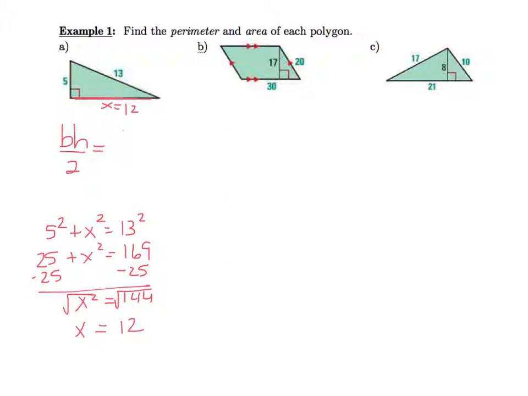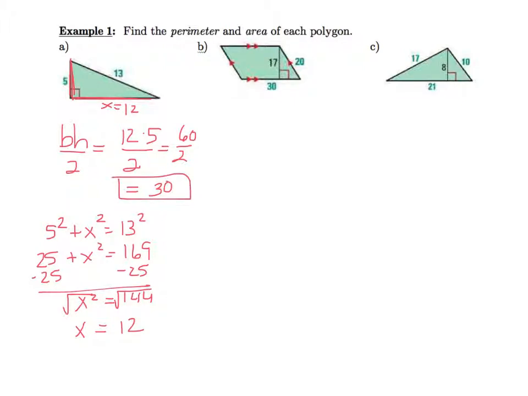So now my base is 12 times my height, which is 5, divided by 2. Well, 12 times 5 is 60, and 60 divided by 2 is 30. So my answer is 30, and I don't have a label or a unit.